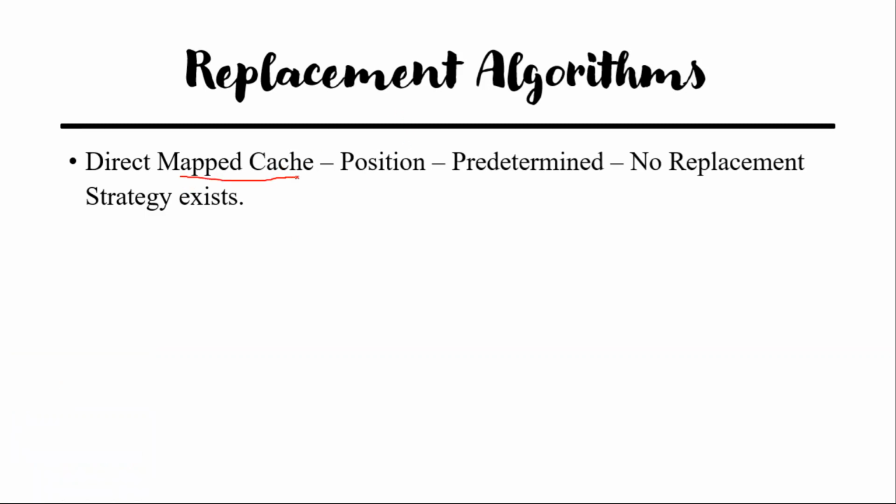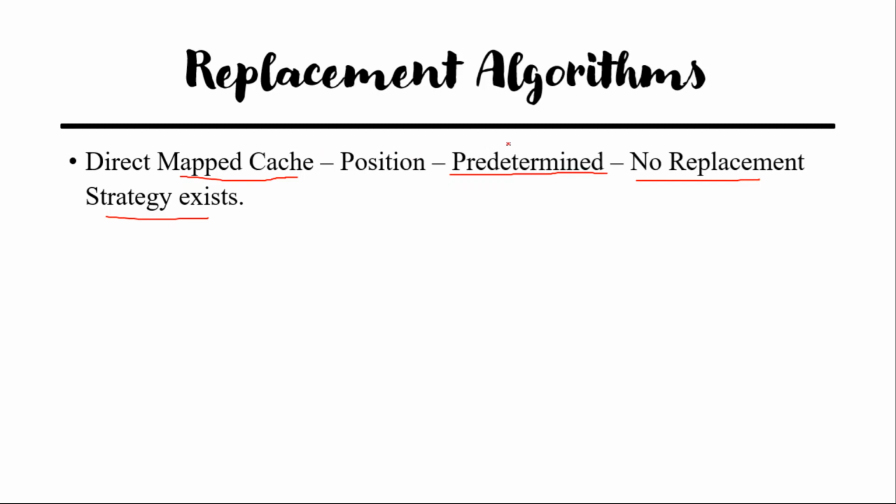When you move a particular block from the main memory to the cache memory, the position it should occupy is already predetermined, because we just divide the block number by the maximum number of blocks available in the cache, and whatever the remainder, to that particular block only it is supposed to go. So in this case we cannot apply any replacement strategy, because every block is fixed to a particular place in the cache. You have to replace only that; there is no other option.